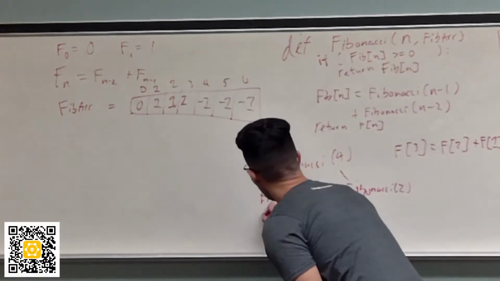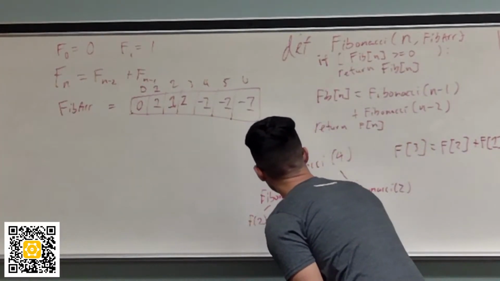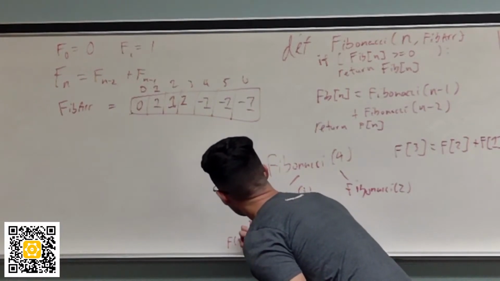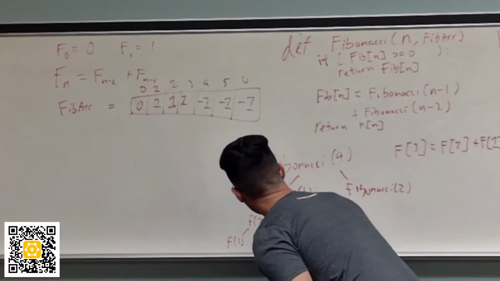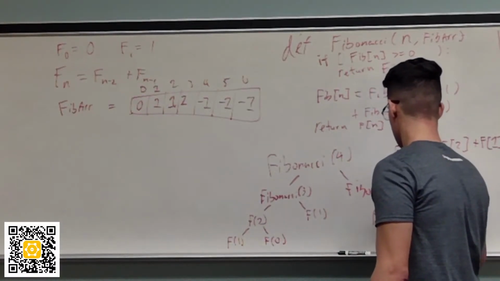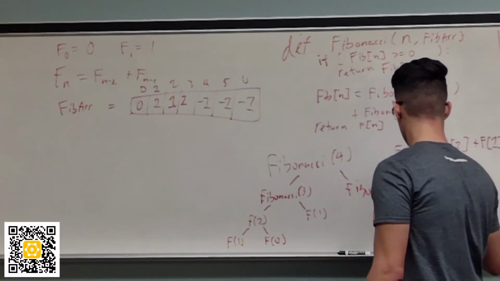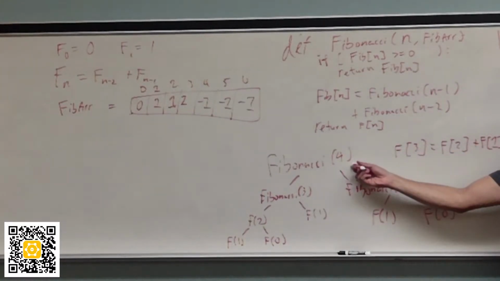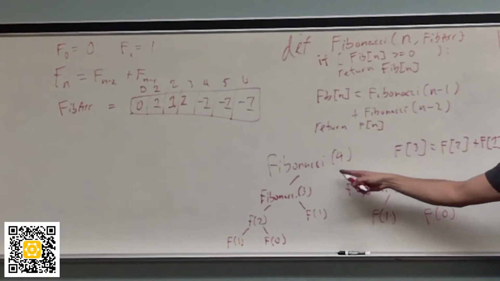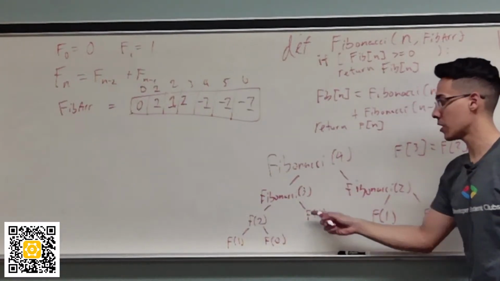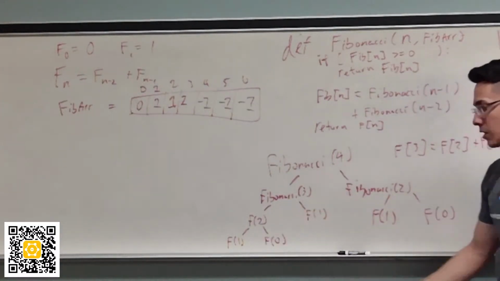And before, I would have to do 2. Okay, fib4, right? Before, I would have to call fib3 and fib2, and then fib3 inside we'll call fib2 and fib1, and inside we'll call fib1, fib0, right?